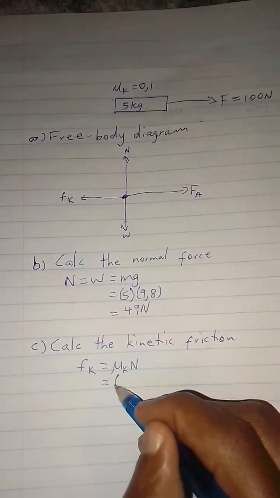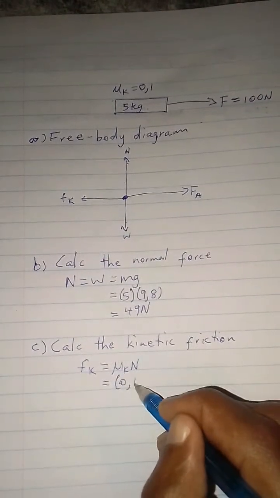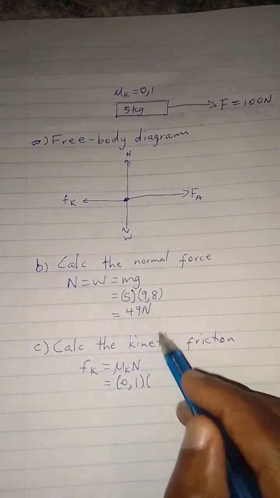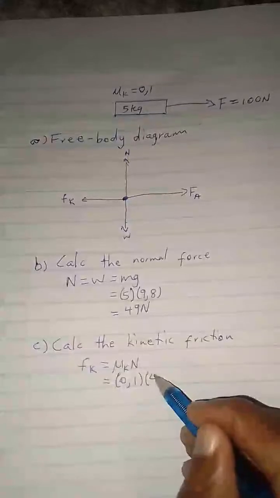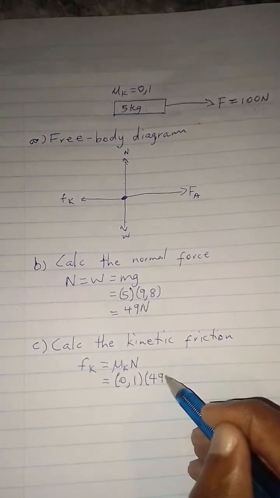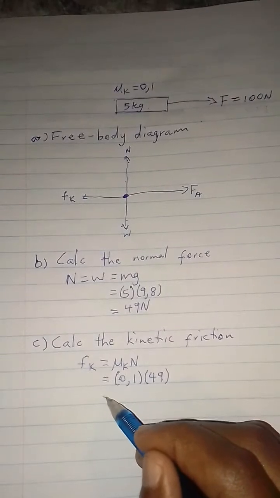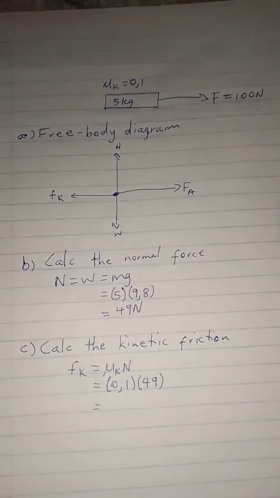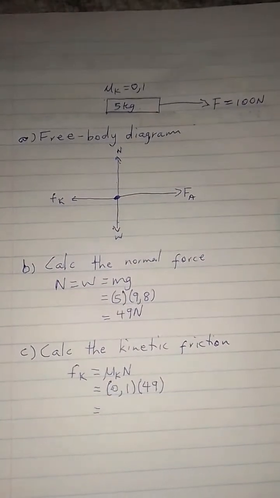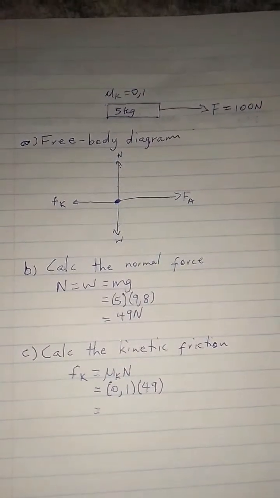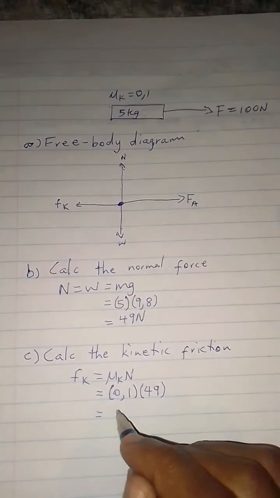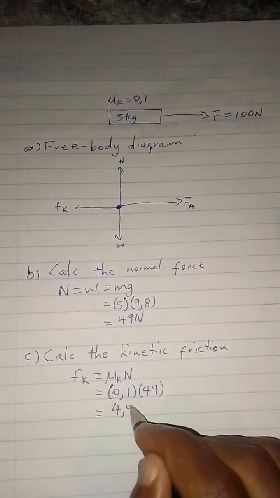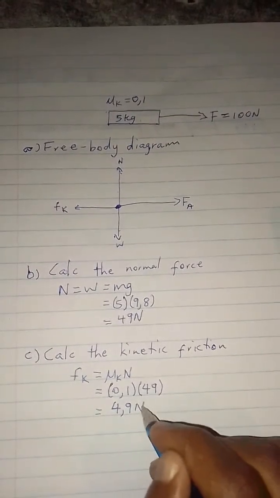Mu k is 0,1. Then the normal force, we have our normal force here, which is 49 newtons. So 0,1 times 49 is 4,9. 4,9 newtons.